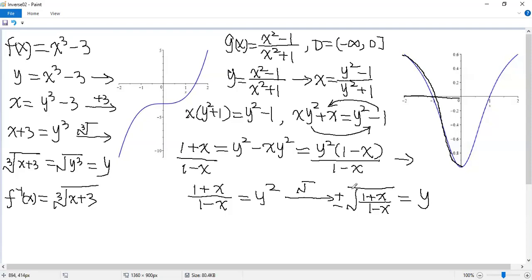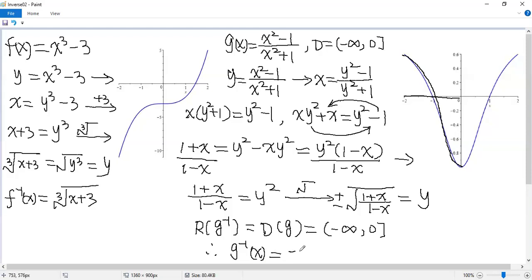To see which one is the right answer, again, because the range of the inverse function equals the domain of the given function, which is negative infinity to 0, to make the range of the inverse function negative, we should take negative. So the inverse function g inverse of x equals negative square root of (1 plus x) over (1 minus x). That's all for this video.